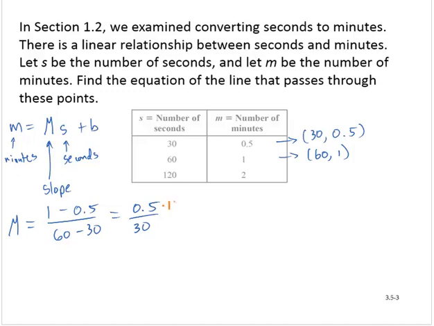So I'll multiply by 10, and that gives me 5 over 300, and now I can reduce that fraction by a factor of 5. So in a sense now I'm dividing by 5. Reducing the fraction gives me 1 over 60. So my slope is 1 over 60.